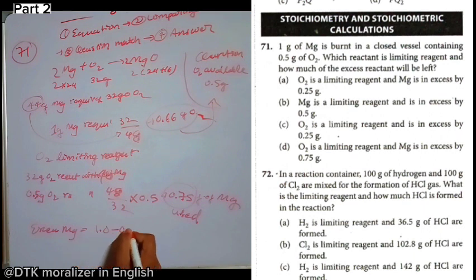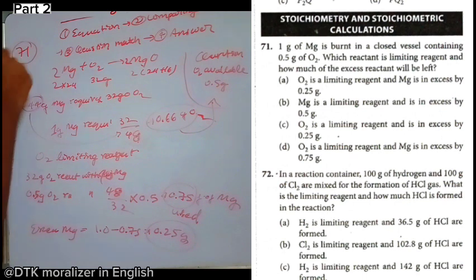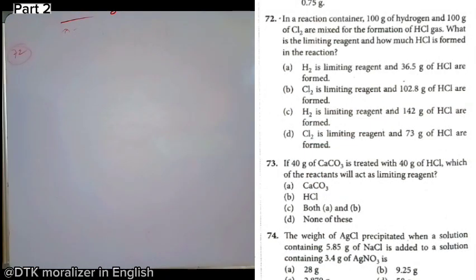Here we want the excess magnesium that is not used. So by subtracting from 1, the excess will come out as this. Here option A is right.